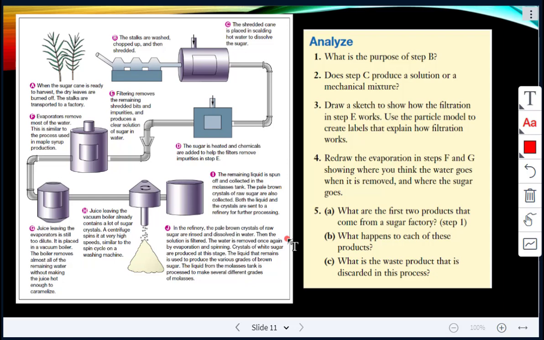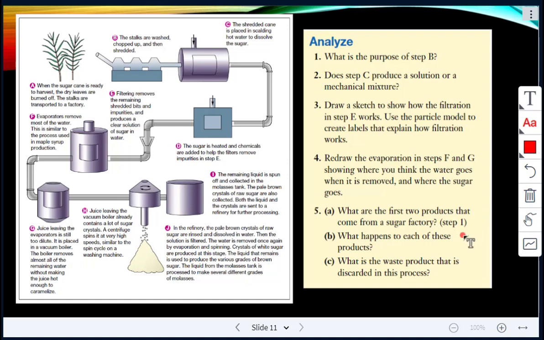The liquid that remains is going to be used to produce various grades of brown sugar. The liquid from the molasses tank, which is here, is going to be processed to make several different grades of molasses. So to answer question 5A, what are the first two products that come from a sugar factory? That would be the raw sugar and the molasses.